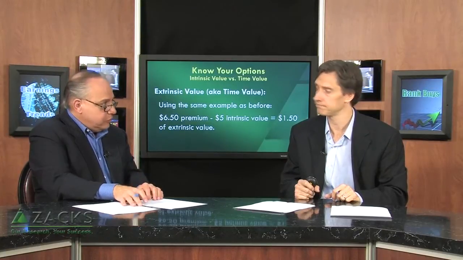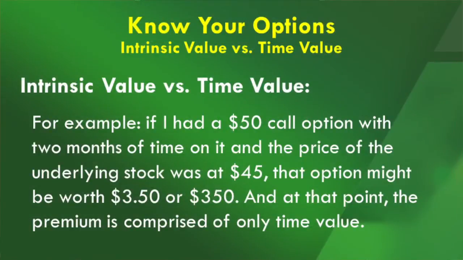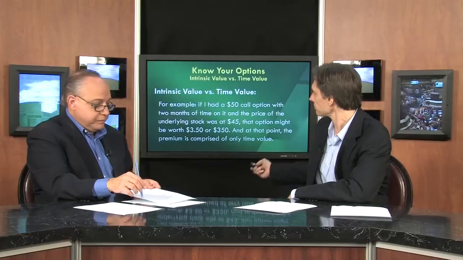All right. You have an example? Yeah, so let's check out some slides here. If I had a $50 call option, and let's say there were 2 months of time on it, and the price of the underlying stock was $45, that option might be worth $350. So in this example, I have an out-of-the-money option, okay? And again, at this point, this option is comprised of only time value.